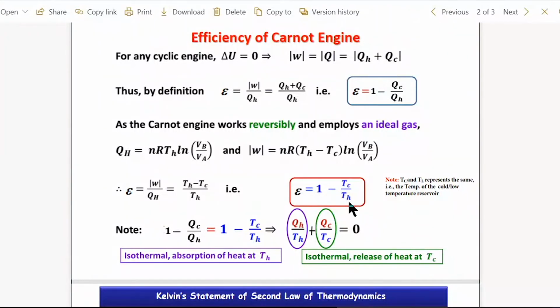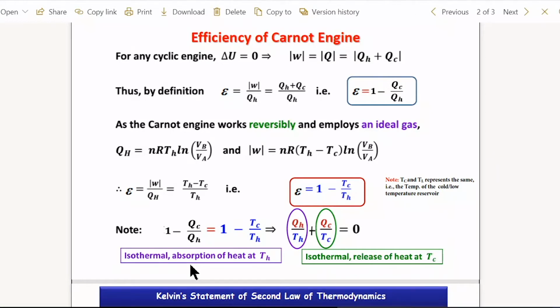We are going to come into that discussion in a while from now, but before that I have to discuss a few parameters. When I am asking what is the isothermal absorption of heat, there are two types of heat transactions in the Carnot cycle.